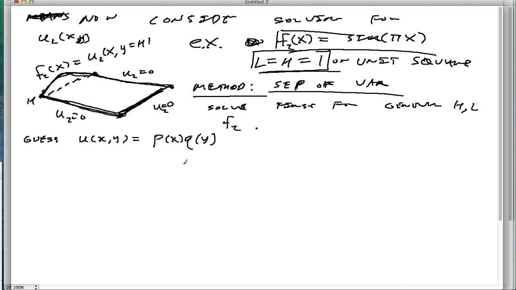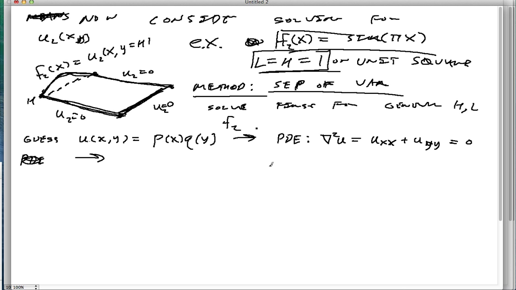And again, the PDE is u_xx plus u_yy equal to 0.